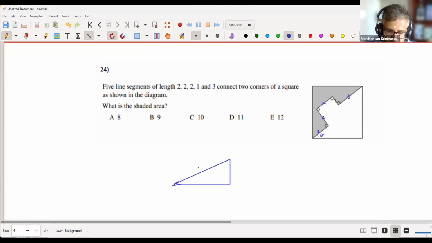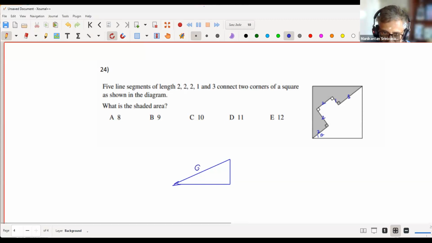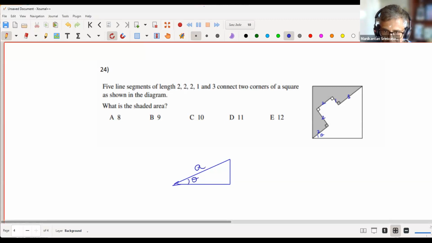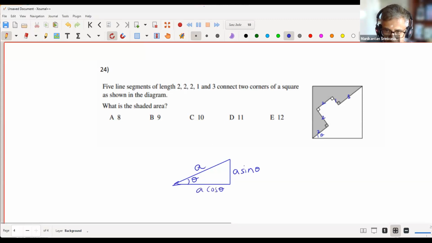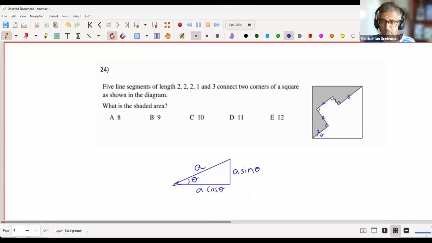So if this is A and this is theta, then this vertical is A sine theta and the horizontal is A cos theta. You get this, right? So first, I'm going to add up all the horizontal contributions.